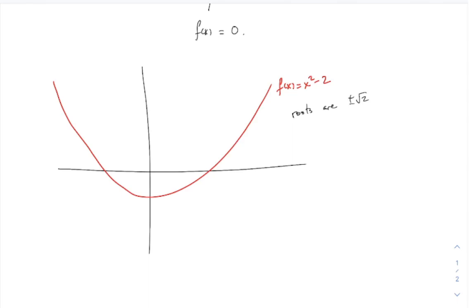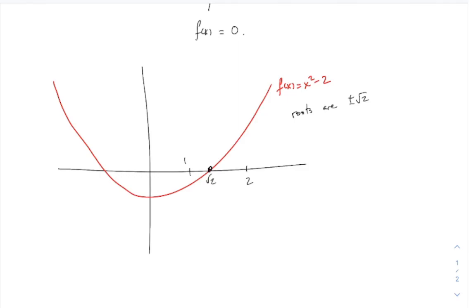Because if you set x squared minus 2 equal to 0 and solve for x, what you get is the square root of 2 and negative square root of 2. That's what these x-intercepts are, right? This is root 2. And I suppose these numbers, 1 and 2, go something like that. Root 2 is something like 1.4, so it would be in between 1 and 2.